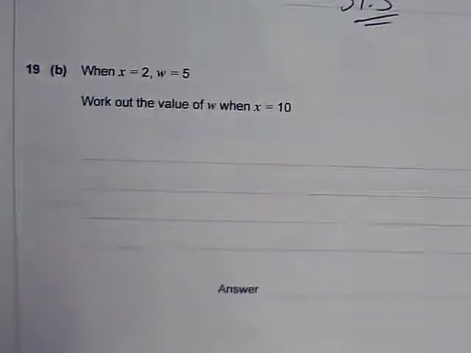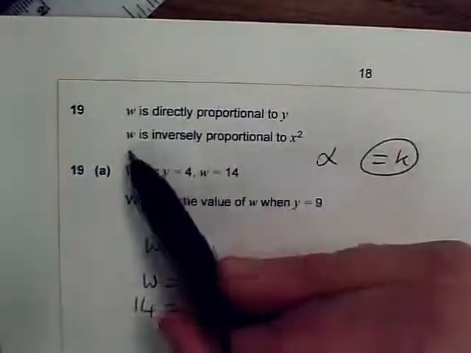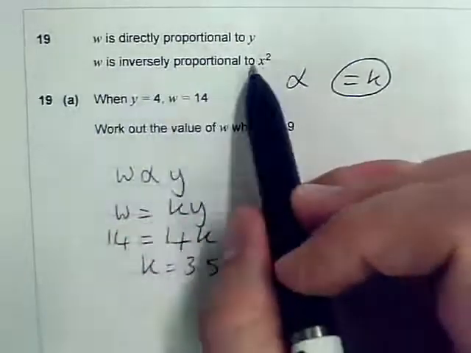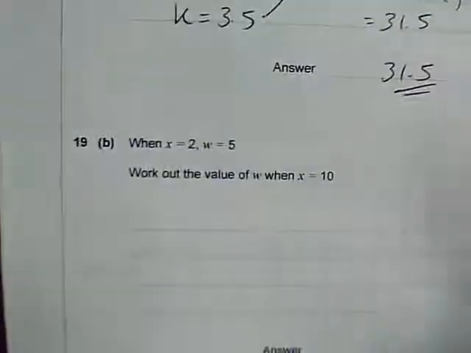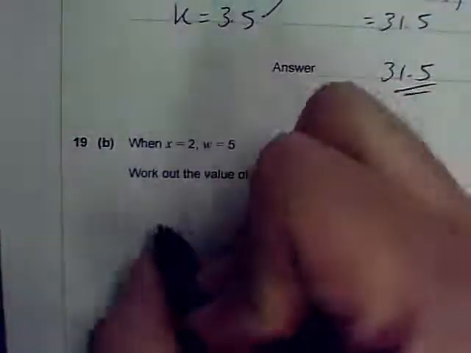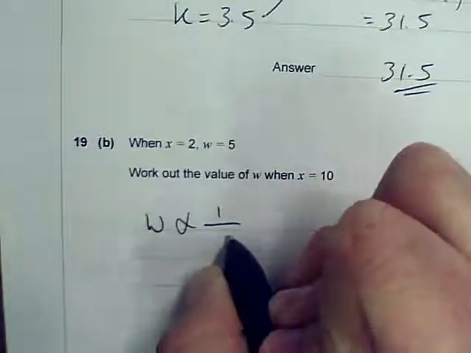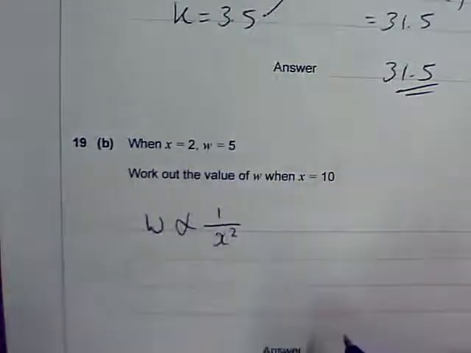For part B, it then says work out the value of W when X is 10, given that when X is 2, W is 5. Looking at this next question, we're talking about X's and W's, so we're going to be using the second statement now. It says that W is inversely proportional to X squared. To write this down, if something is inversely proportional, we say that W is proportional to 1 over X squared.